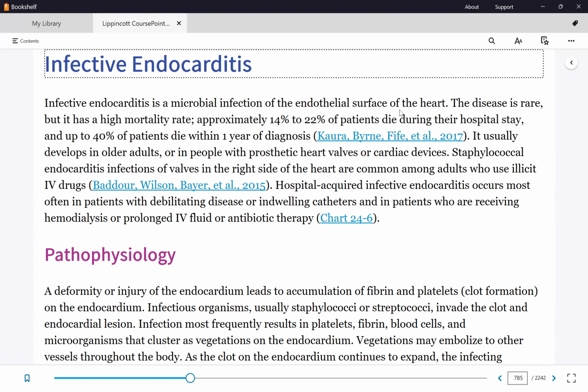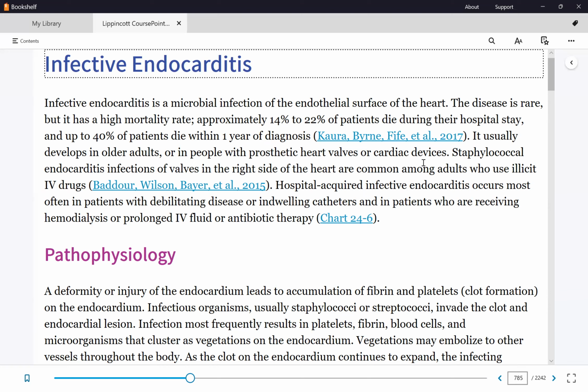Infective endocarditis is still caused by strep, but it can also be caused by fungi. It can be fungal, it could be viral, or it could be other bacteria besides strep. The most common infectious organism is staph, or it will also be strep.